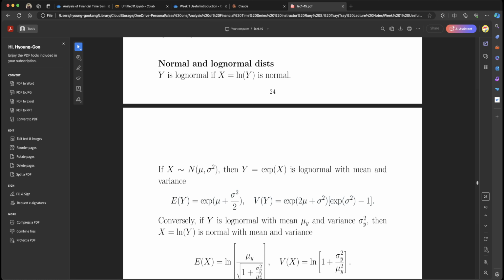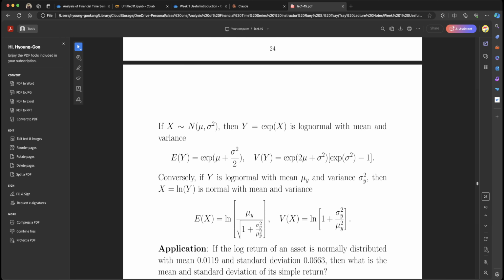Okay, by taking the exponential of normal distribution with mean mu and variance sigma squared, this log normal distribution has the mean of this one and variance of this one. Conversely, if y is log normal distribution with mean mu_y and variance sigma squared y, then x is normal with mean and variance this one. Okay, it is just a transformation.